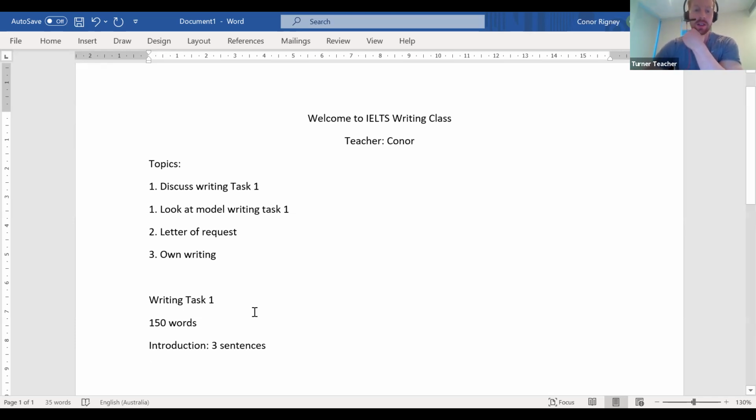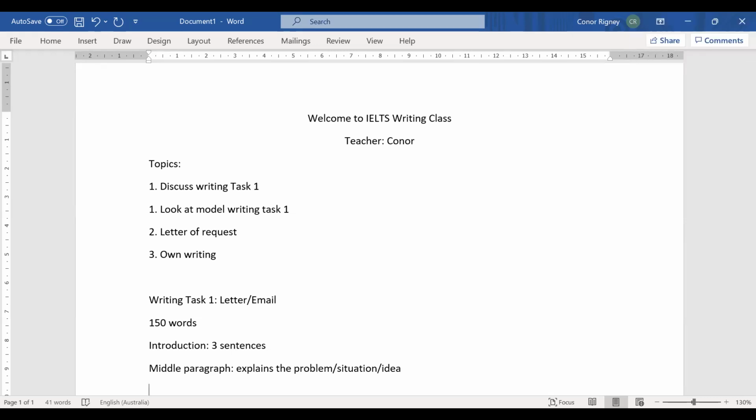So the writing task 1 is a letter or an email. Usually you'll have an introduction, you'll have a middle paragraph, which explains the problem, situation, idea, whatever it is.